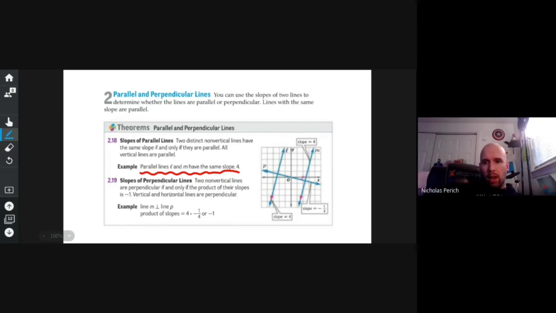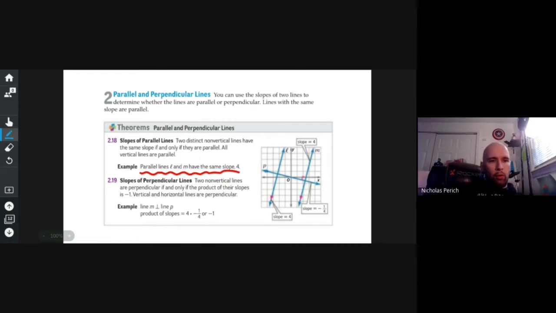Perpendicular lines, however, have slopes that are negative reciprocals of each other. What's a negative reciprocal, you ask? Well, if I give you 2 over 3, the negative reciprocal of 2 over 3 is negative 3 over 2.